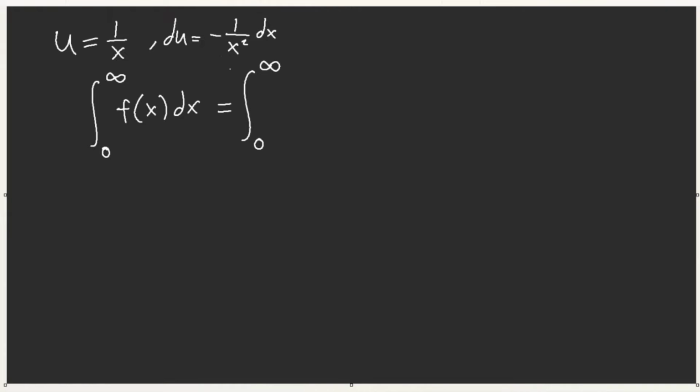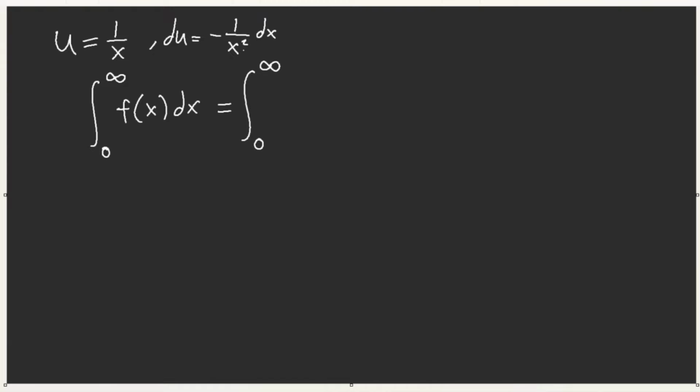The negative switches the bounds right back, so that's why we're able to have 0 to infinity and 0 to infinity here, because of that negative switching it back.